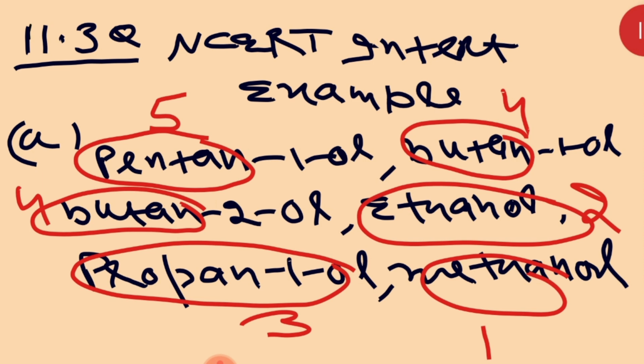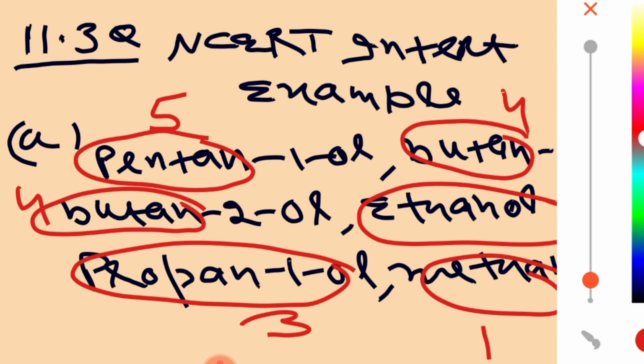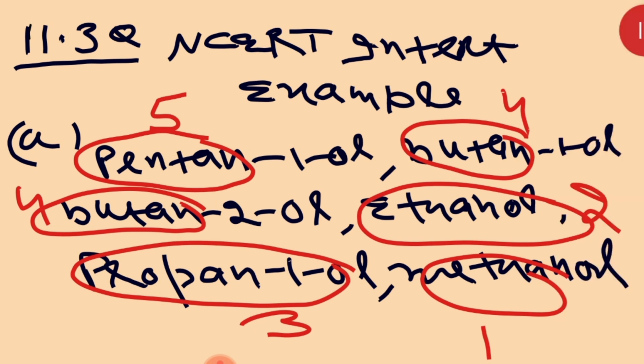So I think it's clear from there that the one having the highest number of carbons, pentanol, will have the highest boiling point. Then what will be the least one? The least one will be methanol.